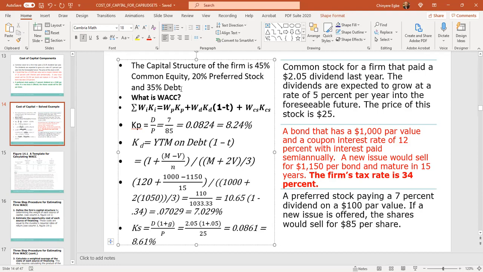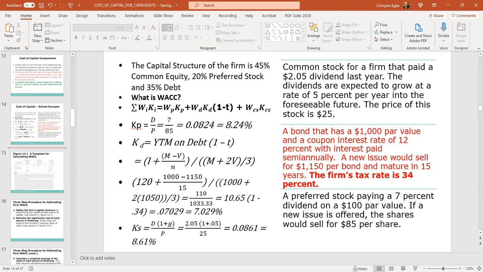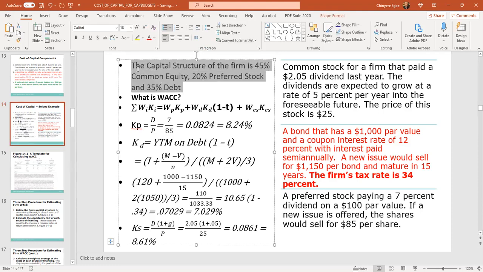So here is the capital structure of the firm. The next example we're going to do will be to show how to determine the capital structure. And once you do that, then you are ready to go. So we're going to set up another set of slides. Okay, so let's copy the capital structure.